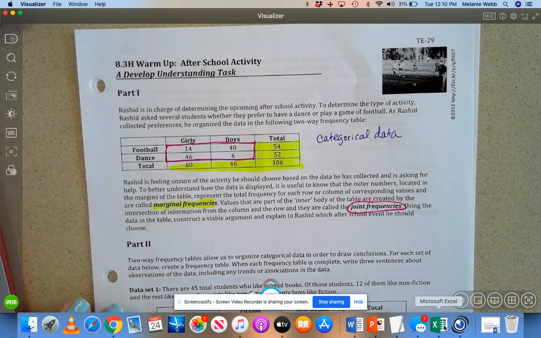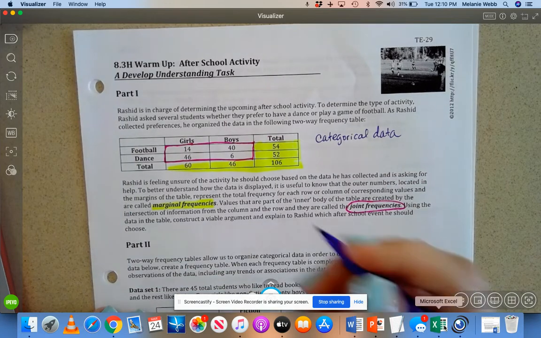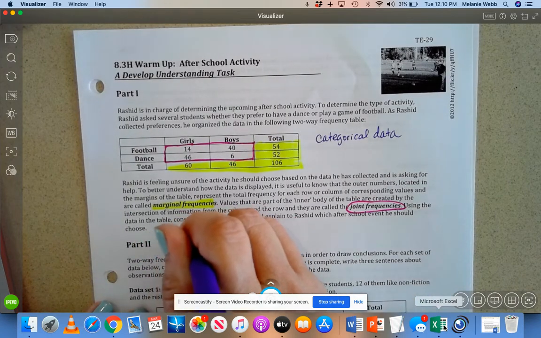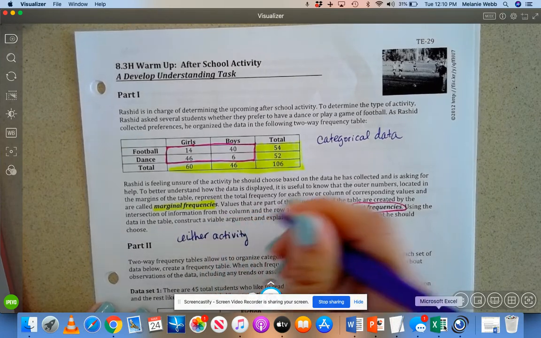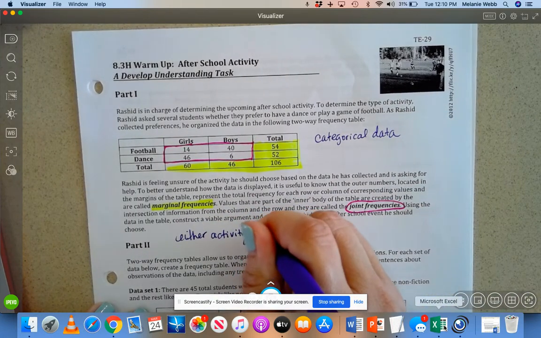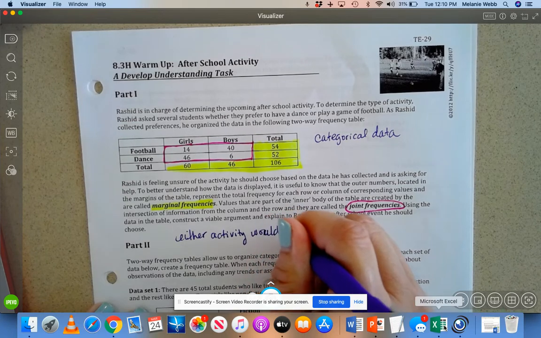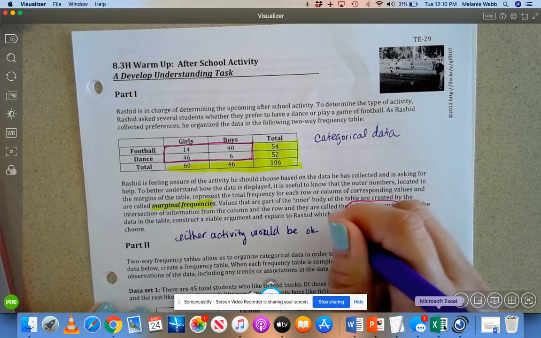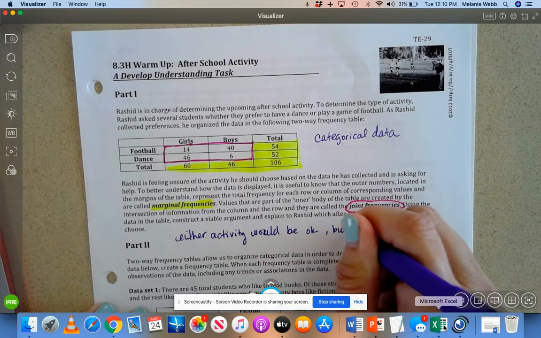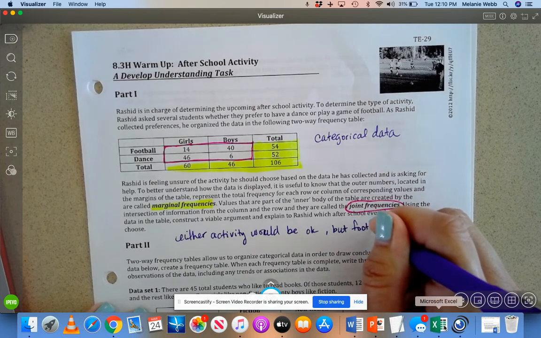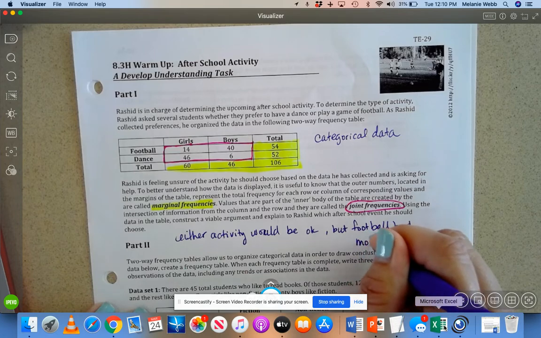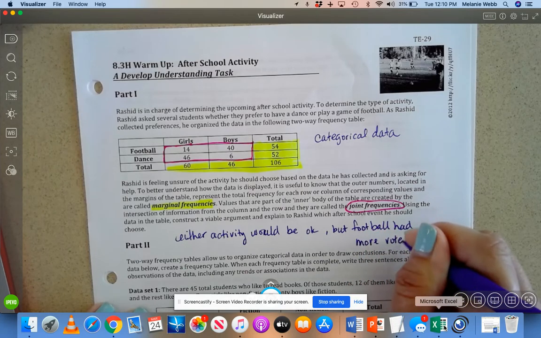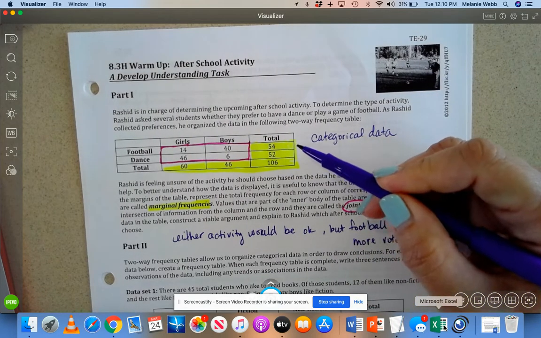So I think that either activity would be okay, but football had more votes. So if he was going strictly by votes, definitely 54 beats 52, right?